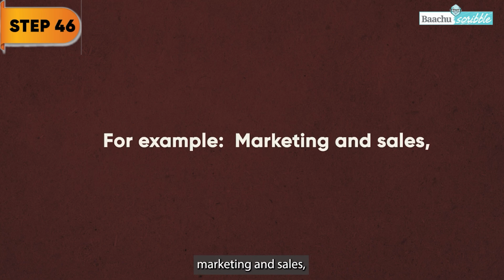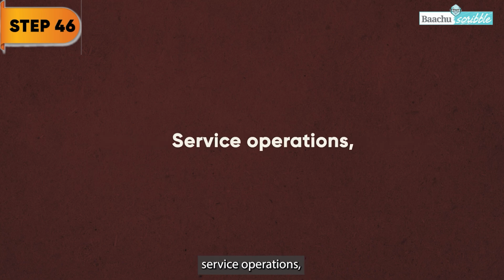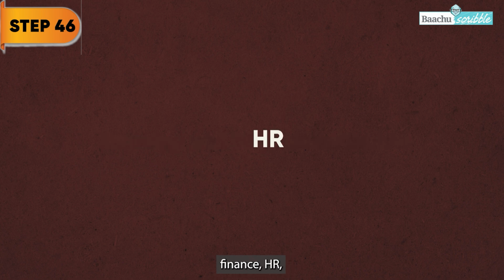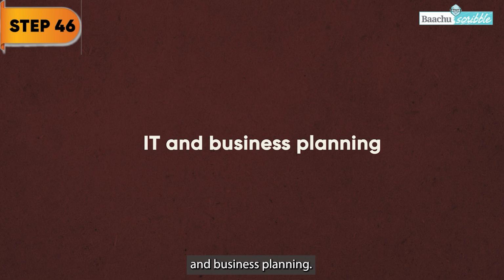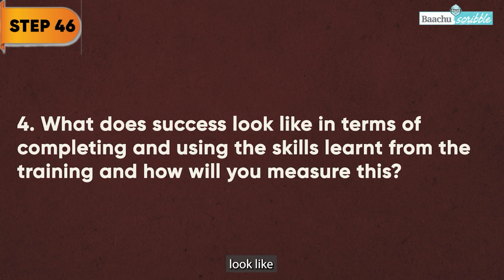For example, marketing and sales, service operations, customer services, strategy and corporate finance, HR, supply chain management, manufacturing, IT, and business planning. 4. What does success look like in terms of completing and using the skills learned from the training, and how will you measure this?